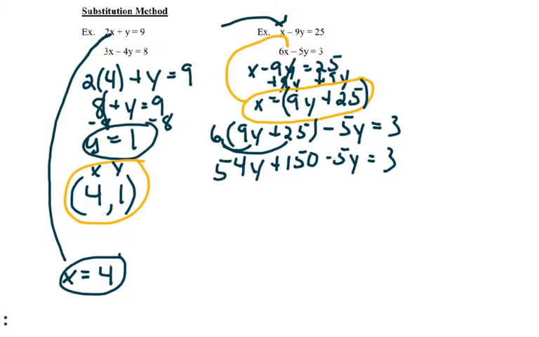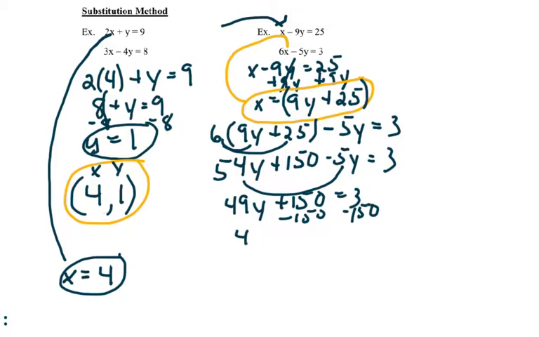Okay, now that I've got this, I see I can combine a couple like terms on the left side. 54y minus 5y gives me 49y plus my 150 equal to 3. I'm going to subtract my 150 from both sides. And now I've got 49y equal to a negative 147.